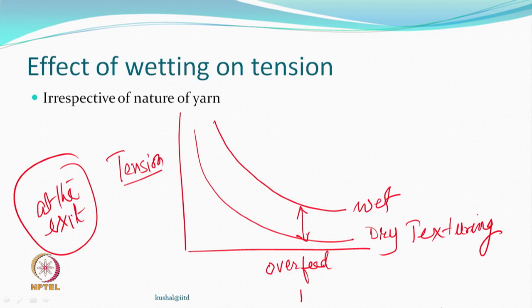So, irrespective of whether it is viscose, polyester, or nylon, the wet texturing resulted in higher tension at a given overfeed.